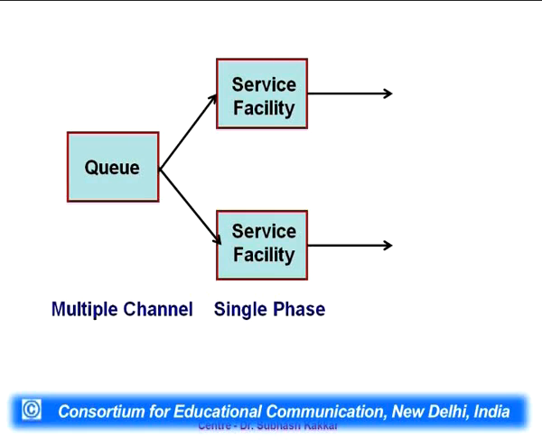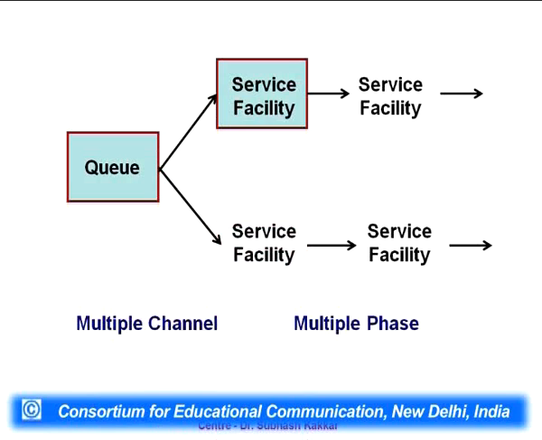So, multi-channel means multiple queues are there. More than one queue means multiple channel and a single phase. Single phase because only one service facility is attached to each queue.